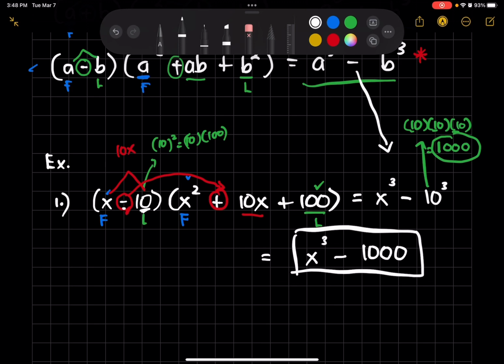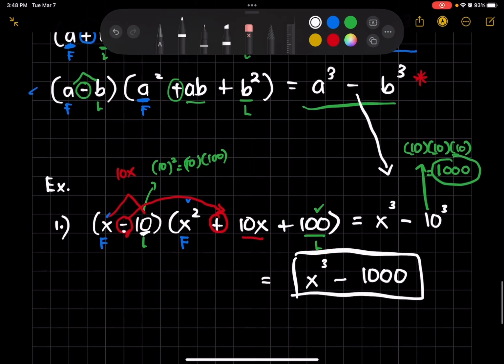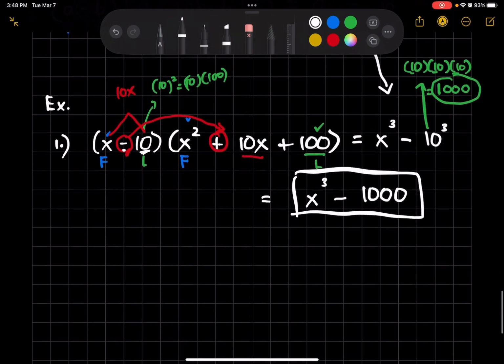Okay? So ngayon yan, let's give another example. So let's have x plus 3 multiply to the quantity of x squared plus 3x plus 9.